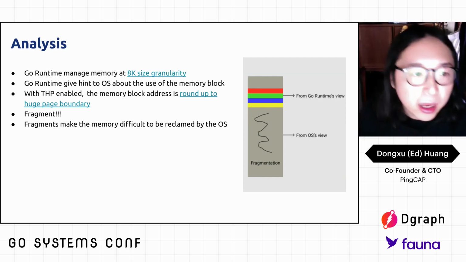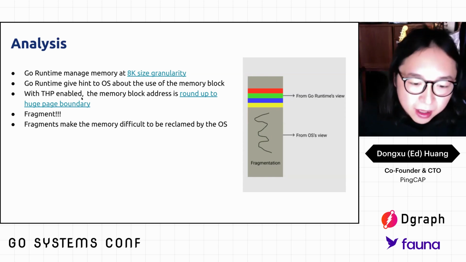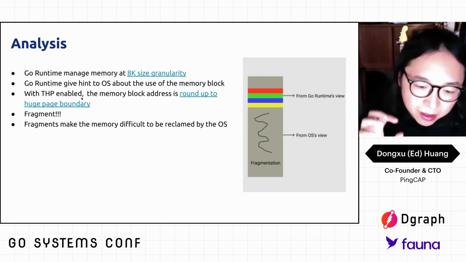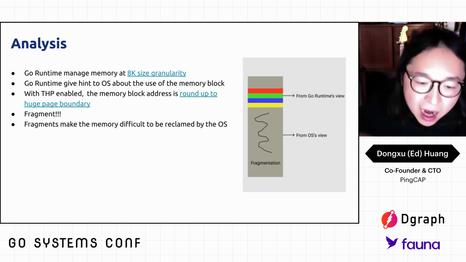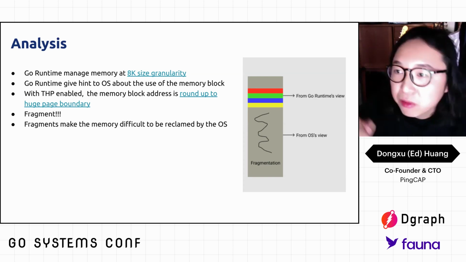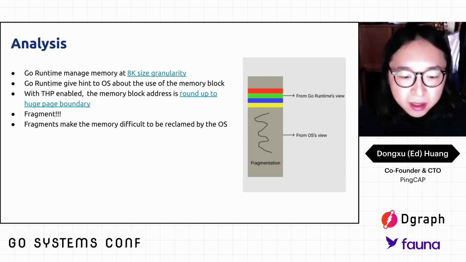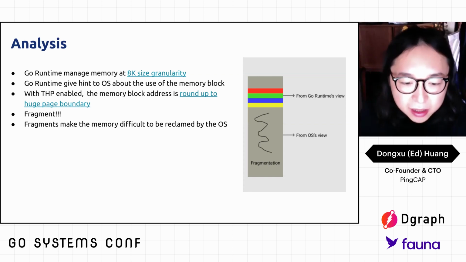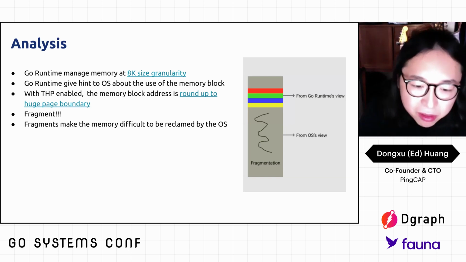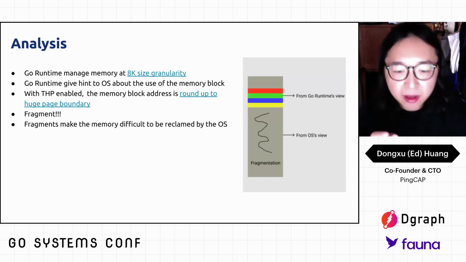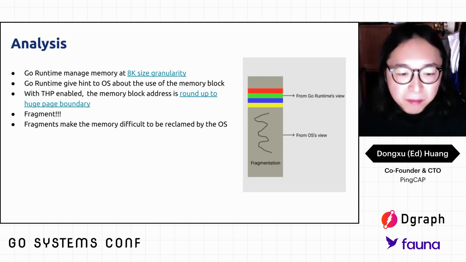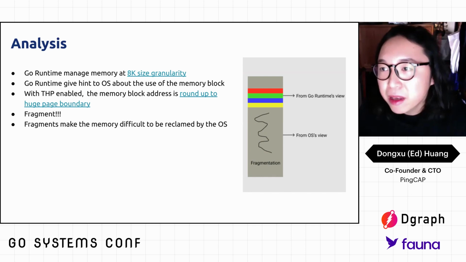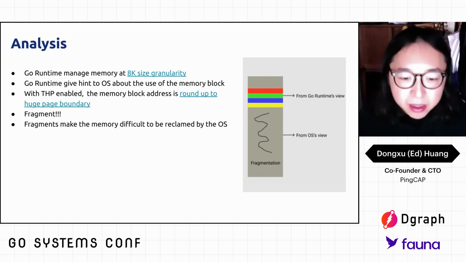But when THP is enabled, the OS does a roundup operation, aligning upwards according to the THP page size. So Go's runtime still thinks it is reasonably managing the memory using 4KB memory pages.